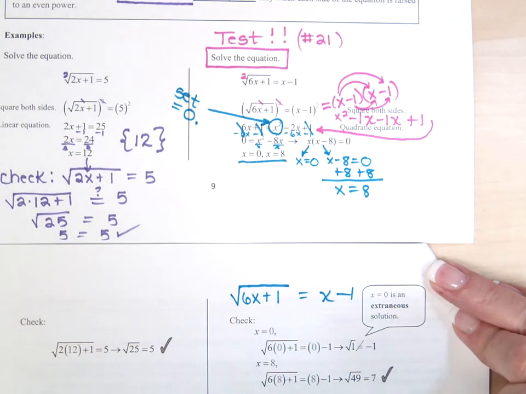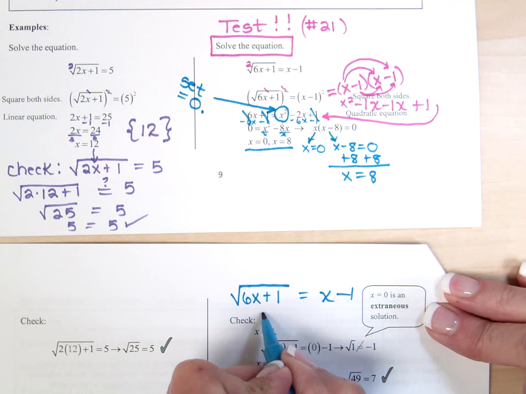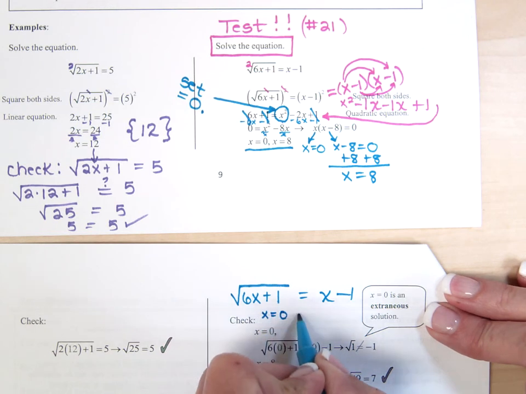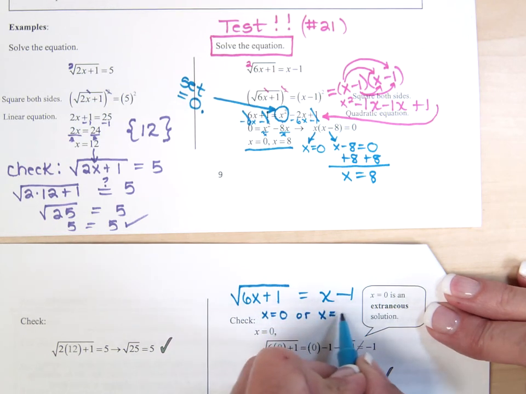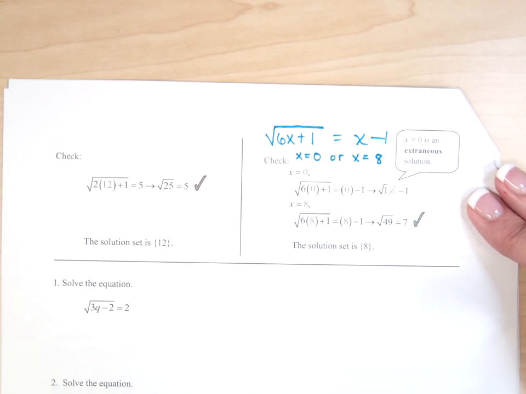And we already did this check, so you don't need to look over here. So here's our new problem, and we got two values. We got x equals 0 or x equals 8. Those were our two potential solutions. So here's the check for both.